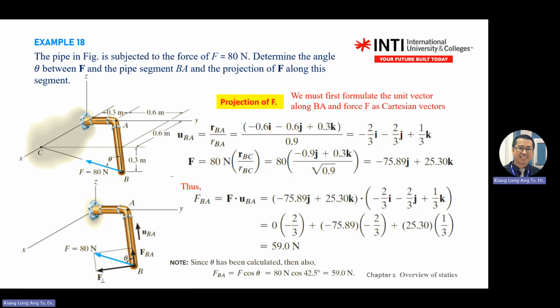How do you flip direction? A dot B equal to AB, this is vector, equal to A B cos theta, or AX BX plus AY BY plus AZ BZ.